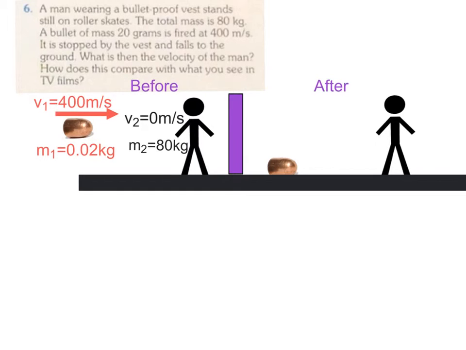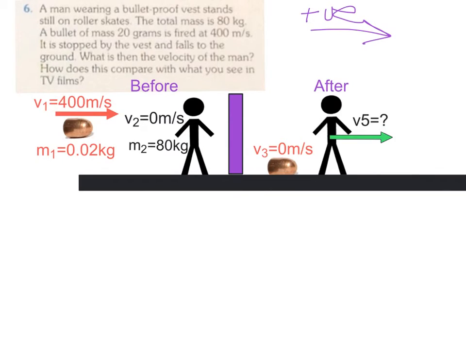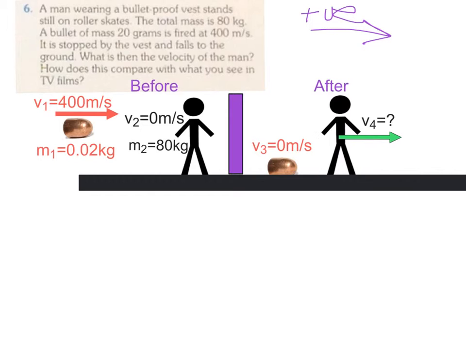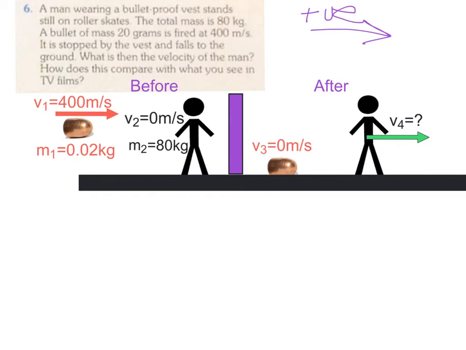So we should straight away decide on a direction to be positive, and I'm going to take to the right to be positive. So at the end of this process, the bullet has stopped, and we're interested in figuring out what this final velocity of the guy is, this v4.